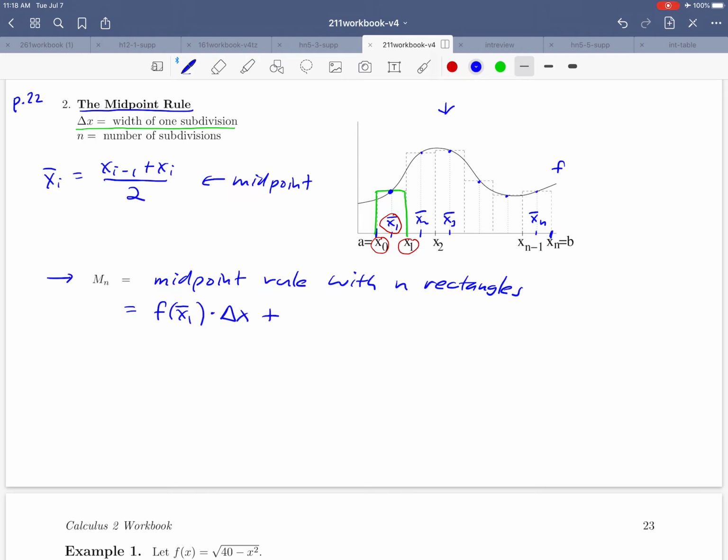And then we move over to the second rectangle. That's the one that looks like this. And its height is going to be f of x2 bar times delta x. And we just keep going until we get to the very last rectangle. And then we might notice that there's a delta x in every single one of these terms, and so it's customary to just factor that delta x out and rewrite our formula like this.